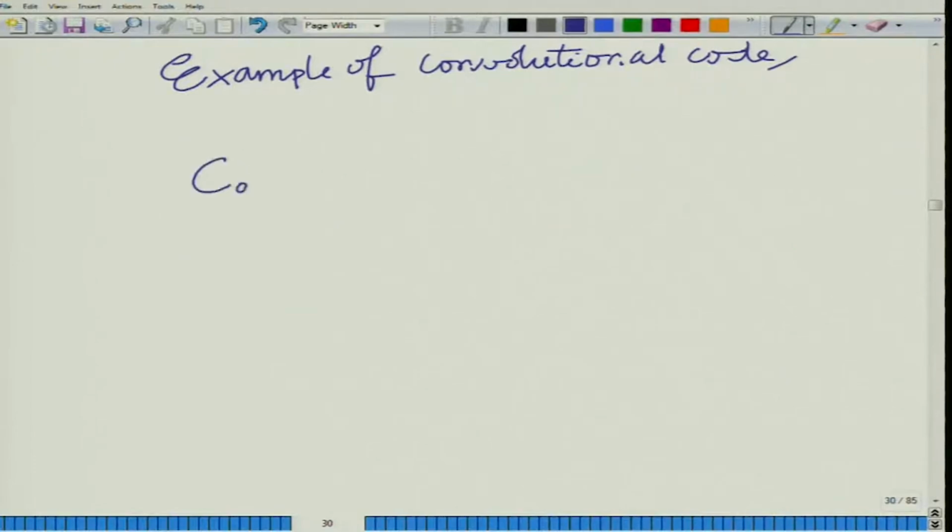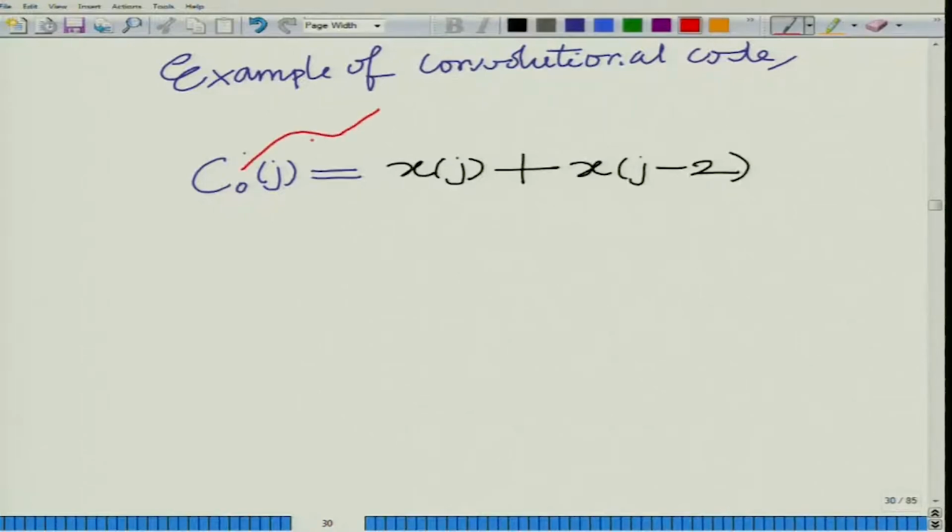We have c0 at time j equal to xj plus xj minus 2. So this is code bit 0. The xj's are obviously the information bits at time instant j, time instant j minus 2.